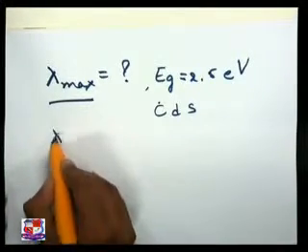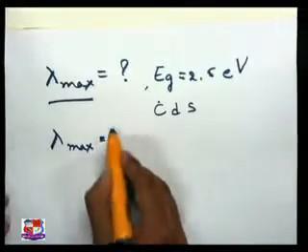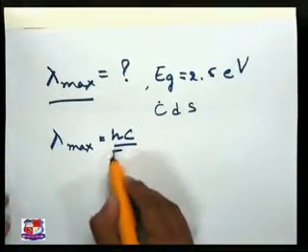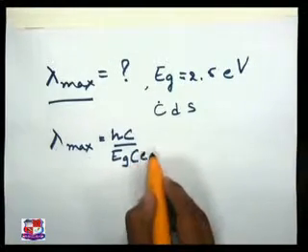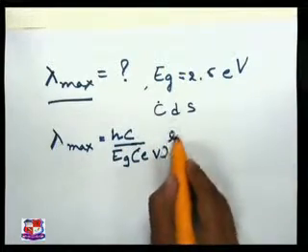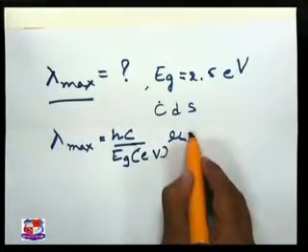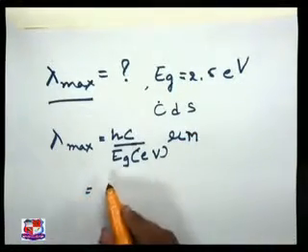We have studied the equation. Lambda maximum is equal to hc upon Eg, where Eg is in terms of eV, and the lambda maximum can be derived in terms of micrometer. What will be the value of h?